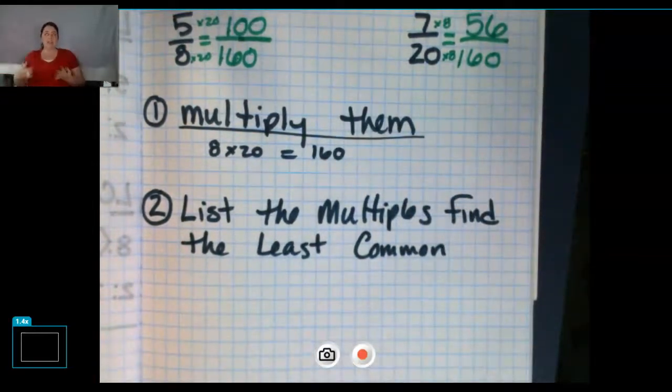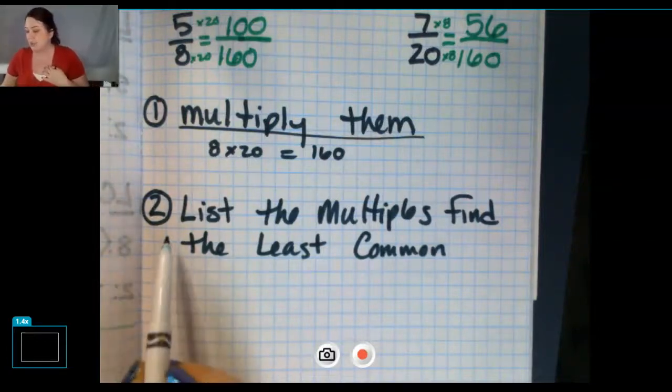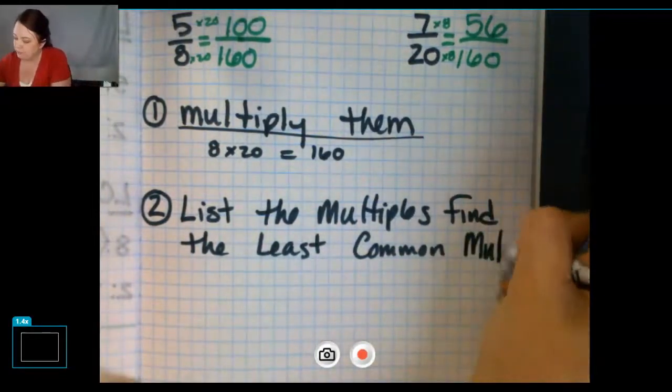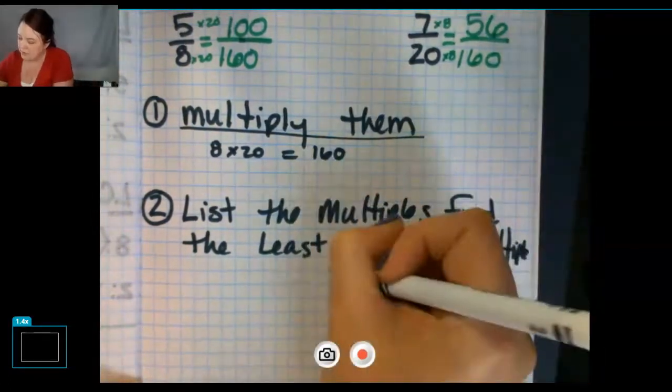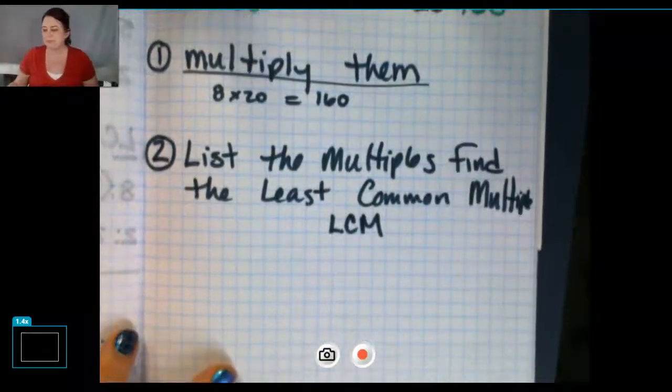Now, many times students that I've had in the past are able to kind of do this mentally. Some students aren't. I was never the student that could do things mentally. So list the multiples, find the least common multiple. We often call this the LCM, the least common multiple.